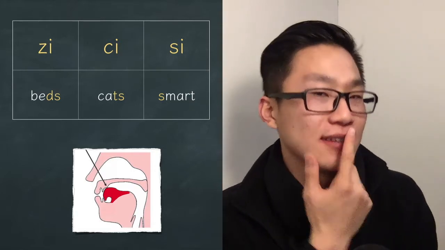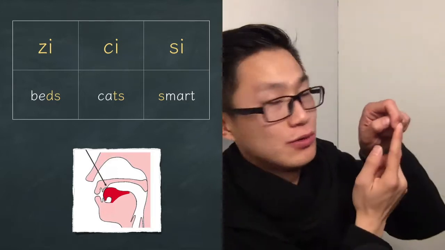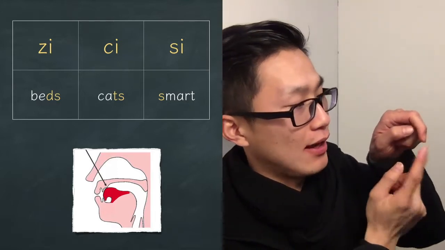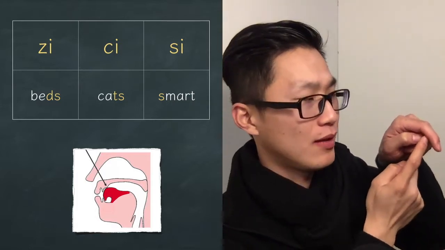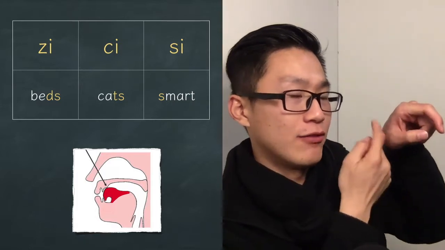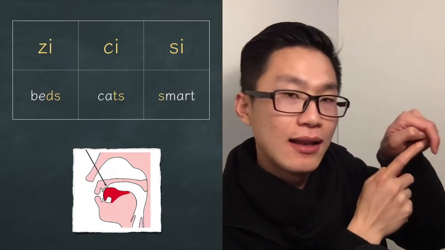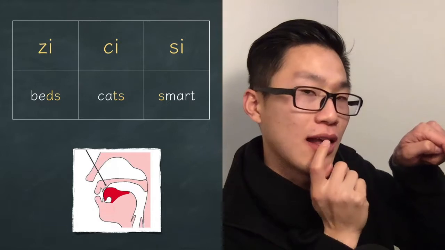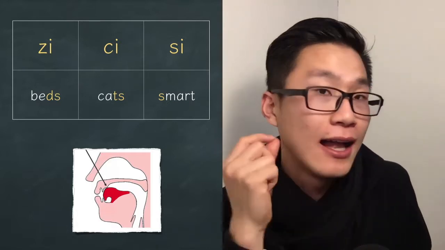Right behind your teeth, there's a hard part, right? So that's your front teeth, and behind that you find a very hard part, kind of like bone there, and then it's the ceiling of your mouth, right? So just touch that part behind your teeth with the middle of your tongue, and then you can do those sounds.